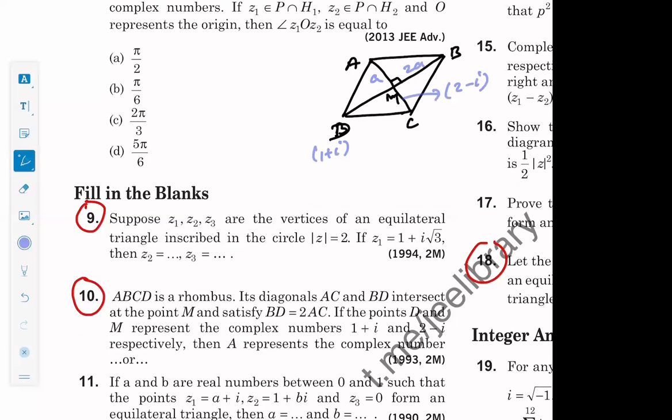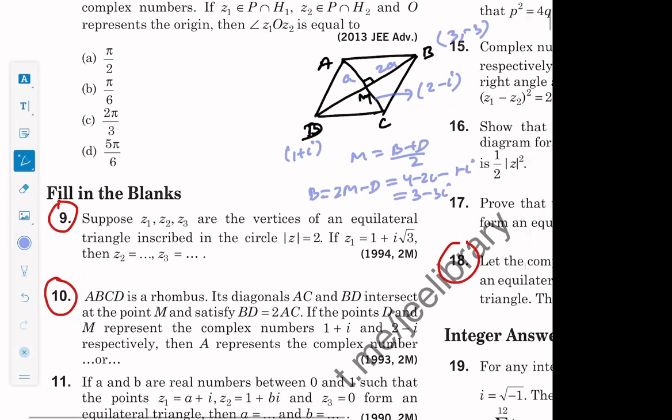So what can you say about B? M is the midpoint, M is equal to (B plus D) by 2. So B will be 2M minus D. So 2M, that is 4 minus 2i, minus D. So this will be 3 minus 3i. So this is (3, minus 3).